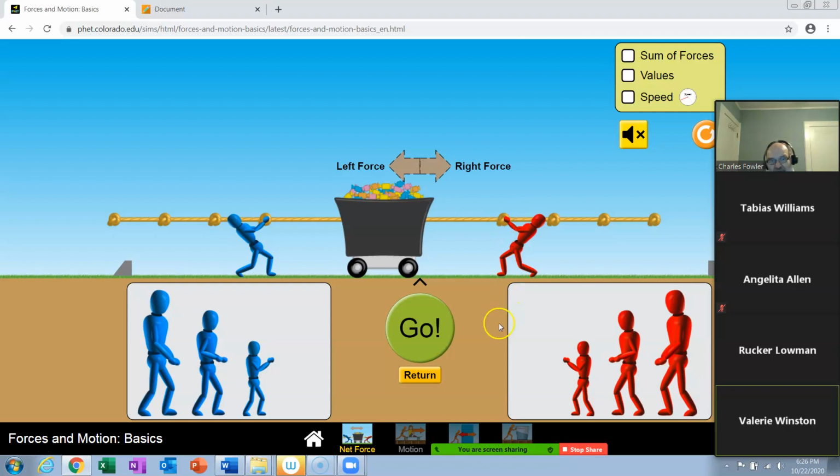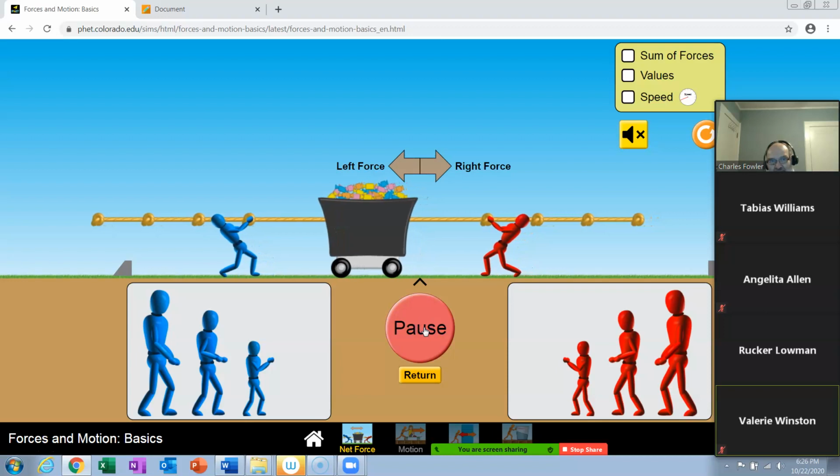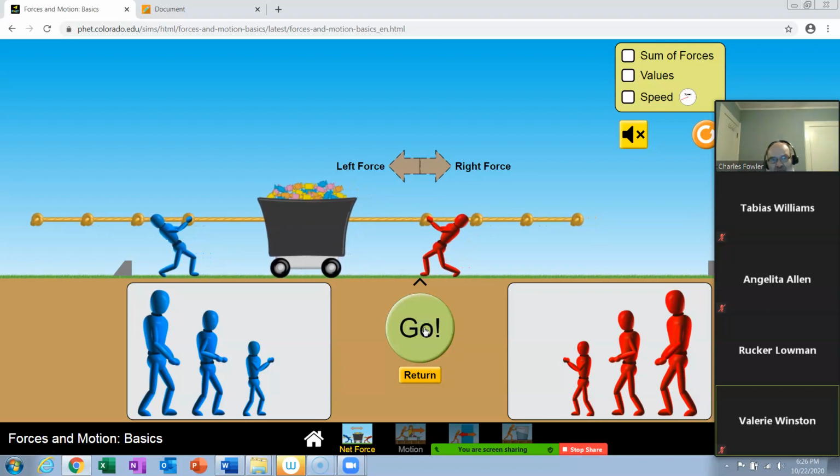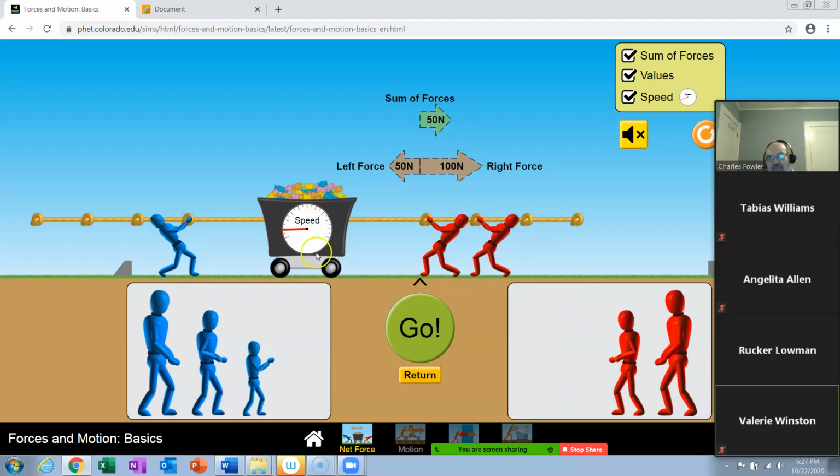Whoops. Go. I'm just repeating what we've done. Constant speed there. All right. Now, I pull the second little Android. See, I let that speed get too great. So now I press go.